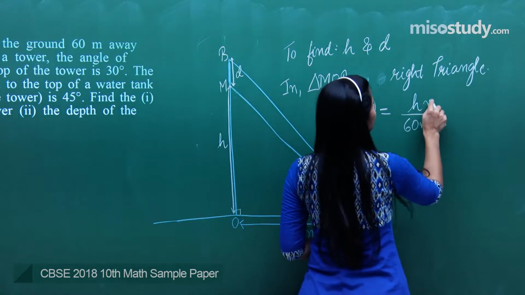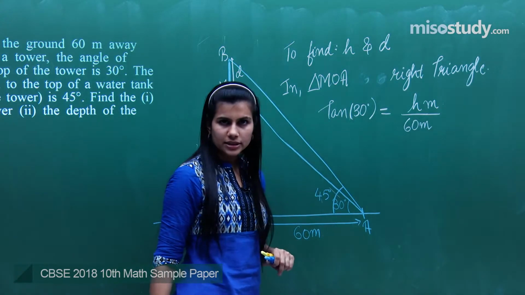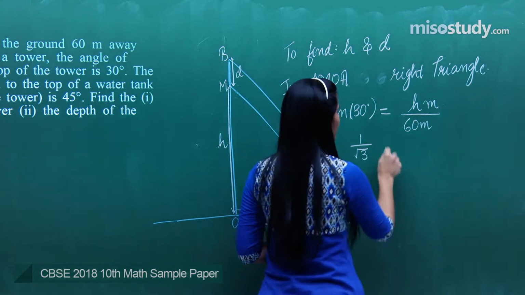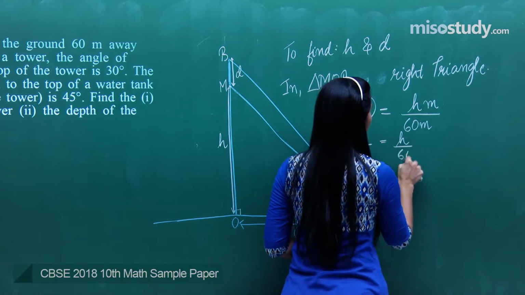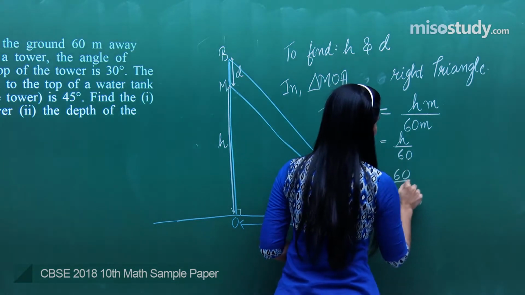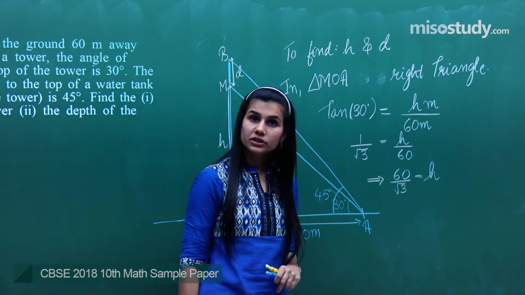This is H meters and this is 60 meters. What is tan 30? Tan 30 is nothing but 1 by root 3. 1 by root 3 is h upon 60, which means 60 upon root 3 is h.